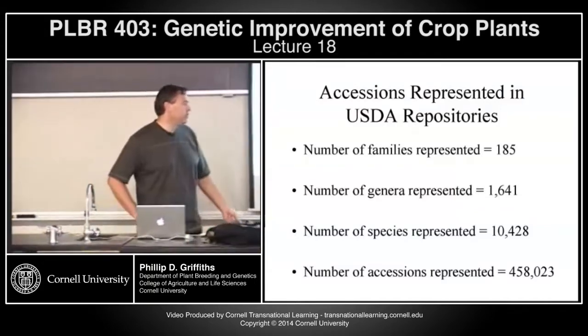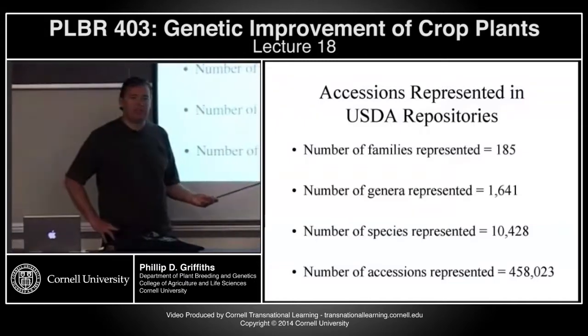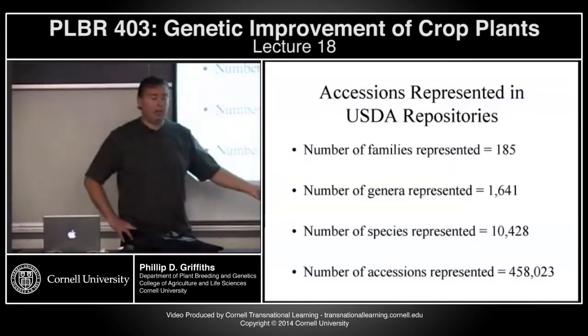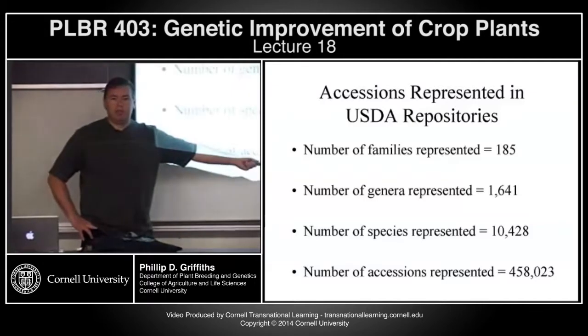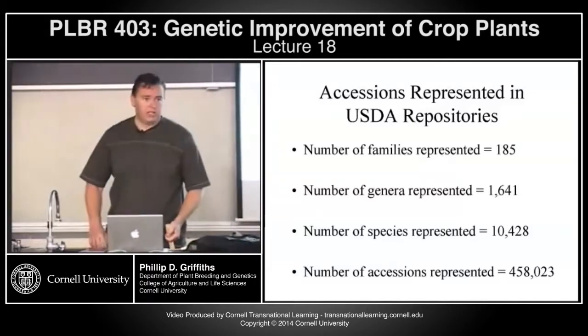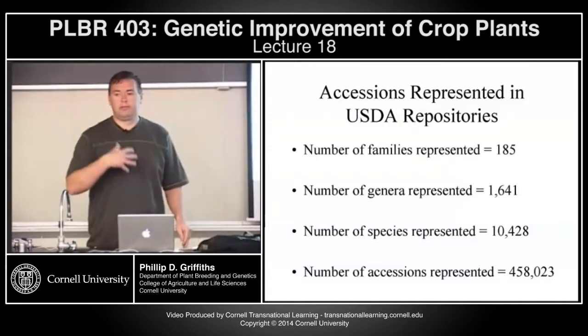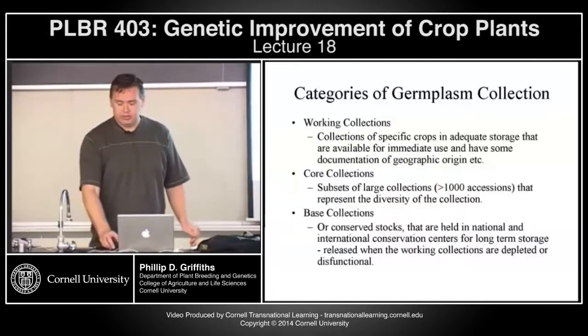But another issue with this number is that a number of these accessions may not be readily available to people requesting them. In fact, about 20 to 25% of these accessions would not be available to people requesting in the active collections because of lack of seed viability, for instance.